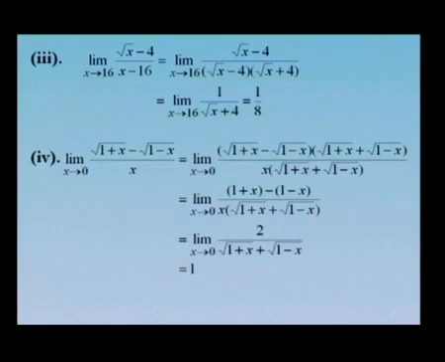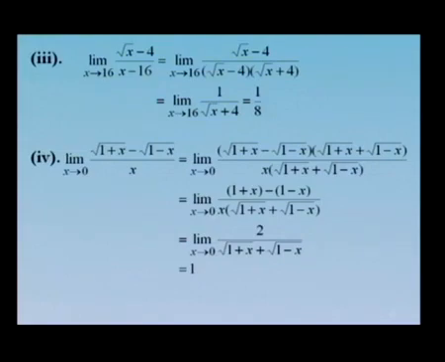So the square root x minus 4 cancels from numerator and denominator, and it remains only limit x tends to 16, 1 upon (square root x plus 4). Now this is in the simplest form. We can substitute x equals 16 and we get 1 upon 8, which is the required limit.